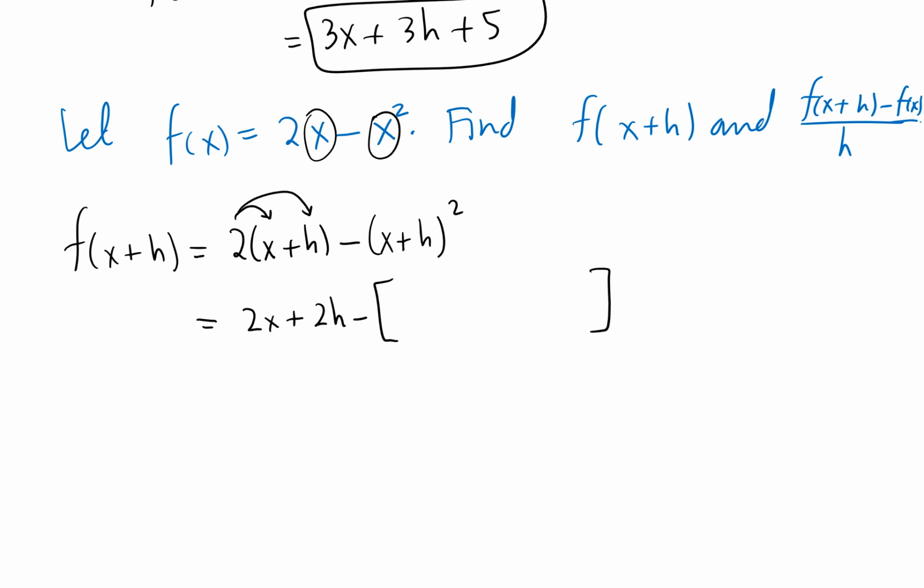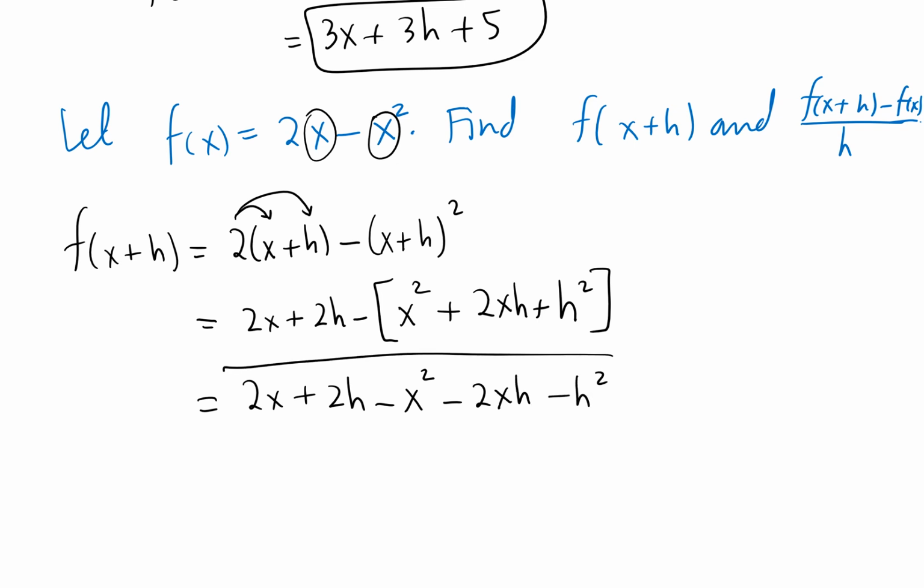And for this one, we square the first one, 2 times x times h, and h squared. Then keep the first terms the same. Multiply the negative sign in to get the final answer. Nothing can be simplified. We can't combine fractions or any like terms.